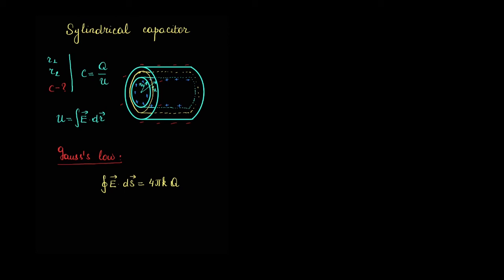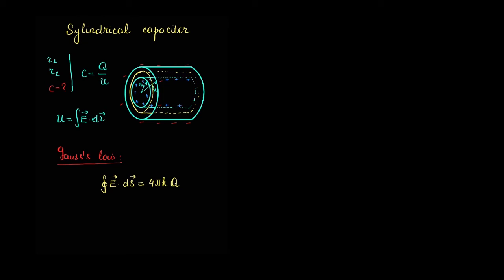At the flat ends, the ds vector is parallel to the axis, and the electric field strength goes radially away from the axis. So what does it mean? At the flat ends, E and ds are perpendicular to each other, and the scalar product, which contains cosine alpha, gives you 0. The only non-zero contribution comes from the curved surface, right?